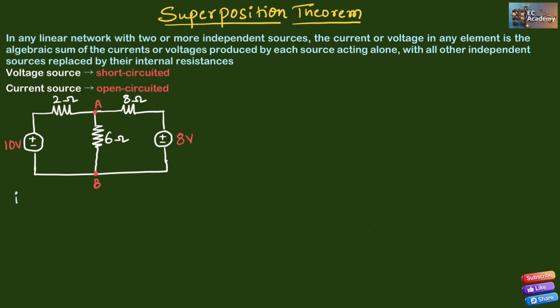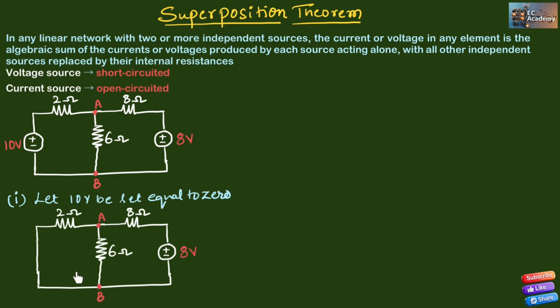Now, in the first case, let the 10 volt source be set equal to 0. So, we need to short circuit this and redraw the circuit. The circuit reduces as shown in this figure. Let us take I1 as the current through the 6 ohm resistor. Here the 8 volt source acts alone.